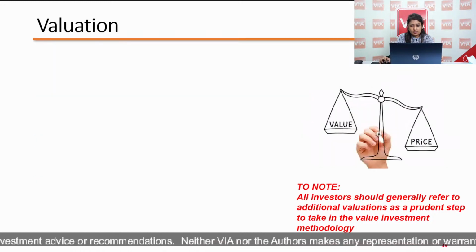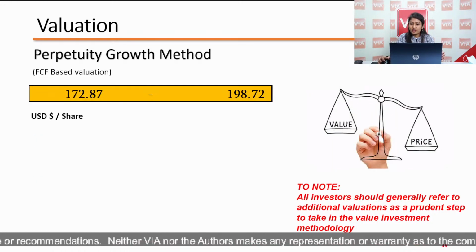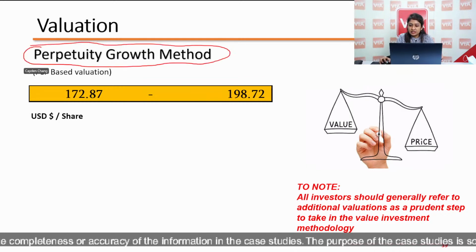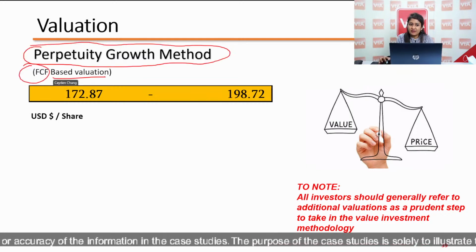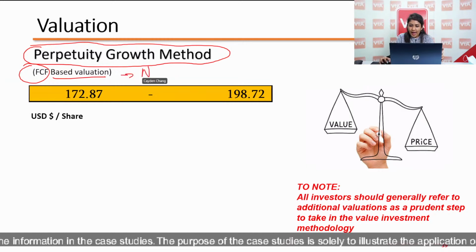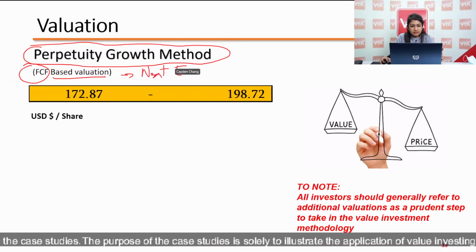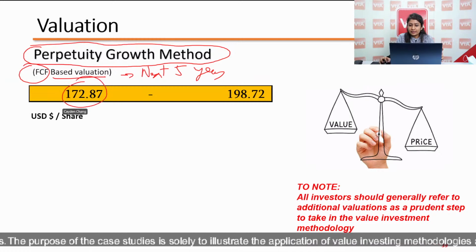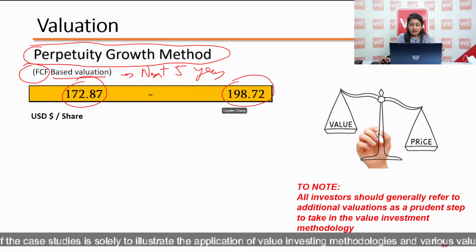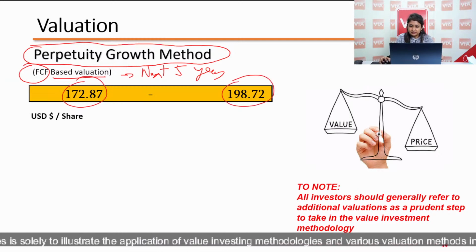Now, I have used two other valuation methods, taking conservative assumptions and 30% margin of safety. The first method is the perpetuity growth method. It is based on the free cash flow projections of the next 5 years. And the intrinsic value comes to the range of 172 to 198, and the current market price is 173.